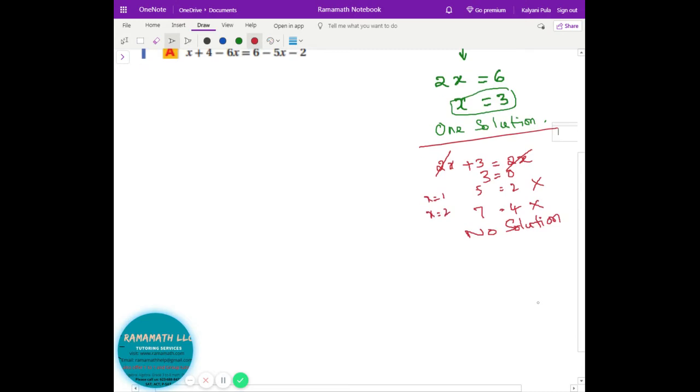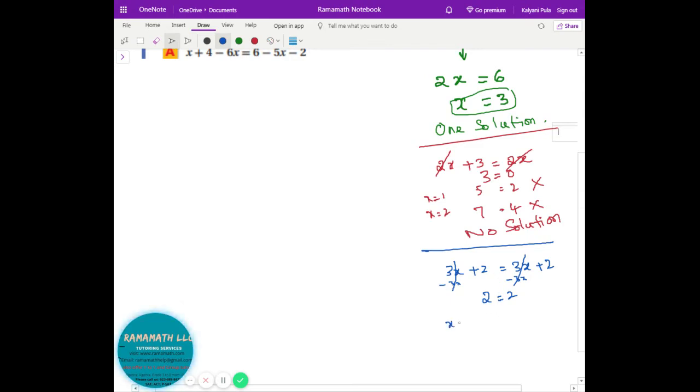And sometimes you get questions like this: 3x plus 2 equals 3x plus 2. If I cross out 3x on both sides, I end up with 2 equals 2. For this one, it doesn't matter what value I take, it's always true.